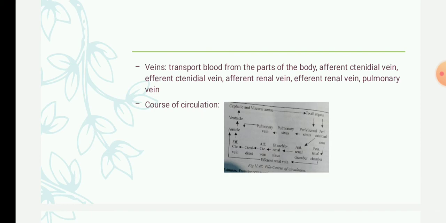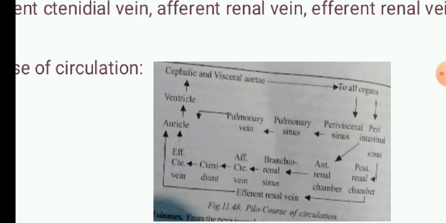The blood is then collected in the pre-visceral and peri-intestinal sinus, and from the perivisceral sinus the blood passes into the branchiorenal sinus through the anterior renal chamber.